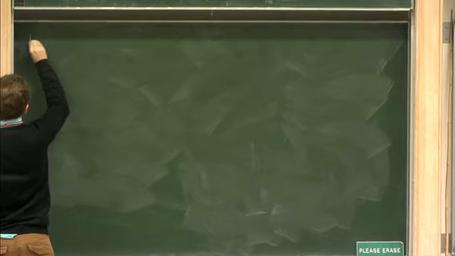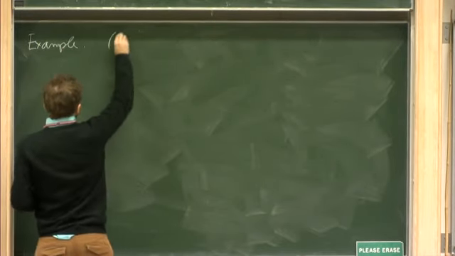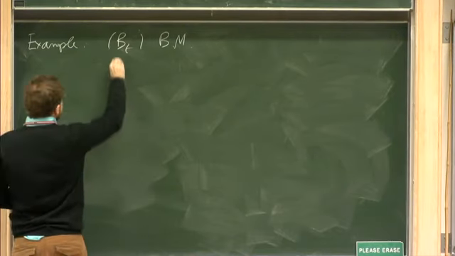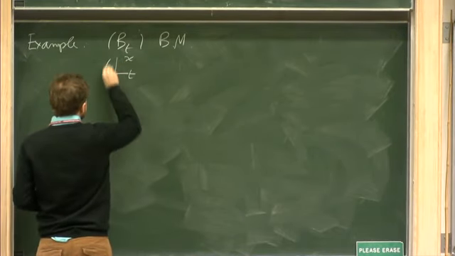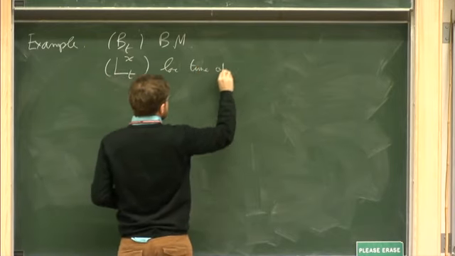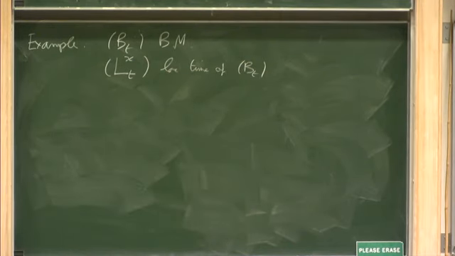So just one example: you can take B_t to be a Brennan motion, take L_t^x to be a local time of B_t. So it's jointly continuous in t and x. It's increasing in t, and it increases only when the Brennan motion is at x.